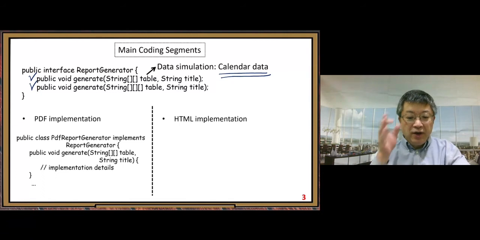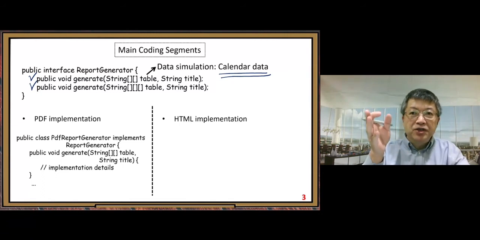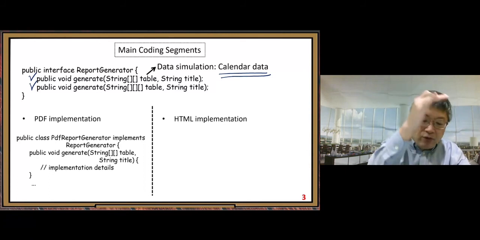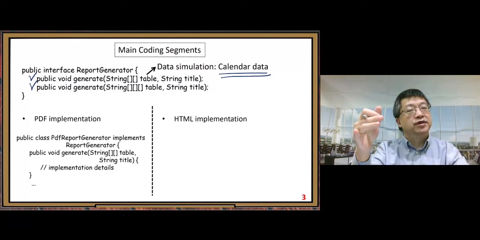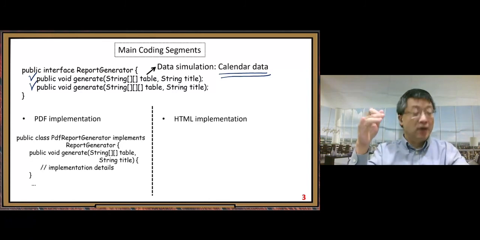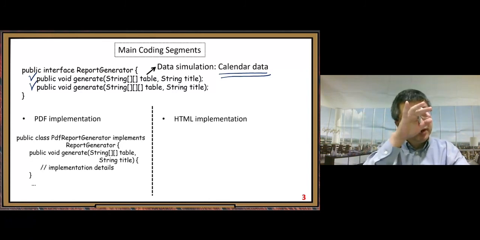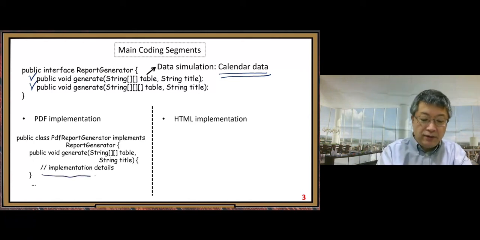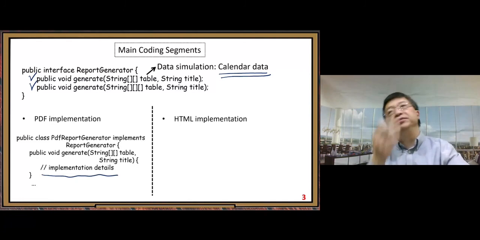My PDF implementation class, we call it PDF report generator. It implements this report generator interface. Inside each implementation method is the detailed implementation code.